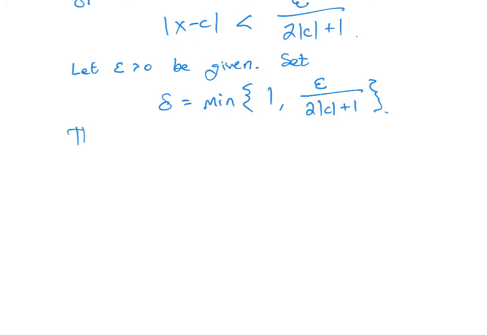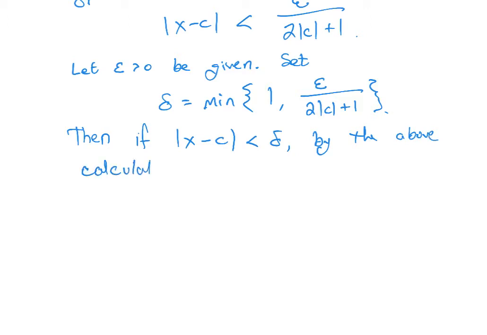Then, if the absolute value of x minus c is less than delta, by the above calculations, the absolute value of x squared minus c squared is less than epsilon, as desired, because that's what we wanted to show to get the limit.